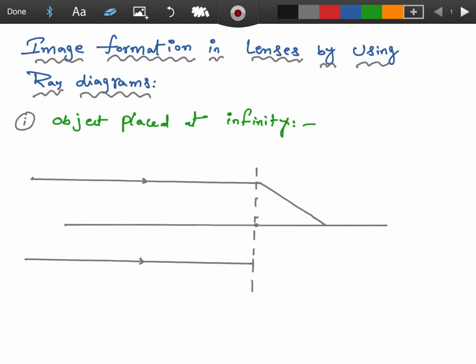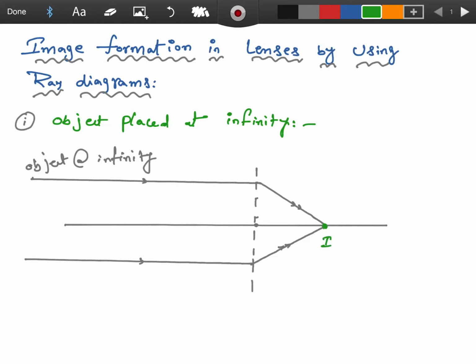Students, this is the meeting point of both refracted rays. This is the first refracted ray, this is the second refracted ray, they meet at this point, and the image will form at this point. Here you write object at infinity, image, this one.